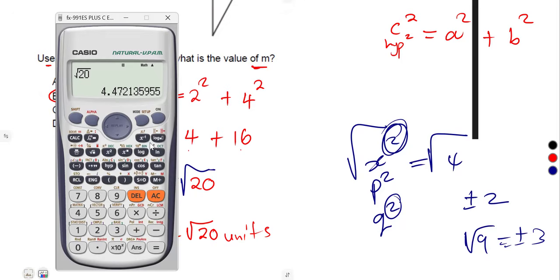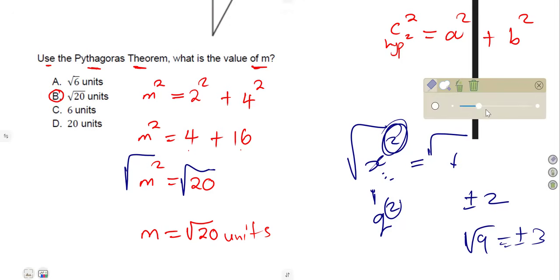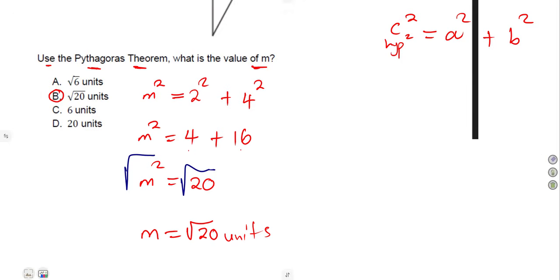They just gave us the exact simplest format that we can have for our level. Sometimes it depends on the question. This is multiple choice. Remember, you have to look into the answers, how they are given also. So the best answer there was B, the square root of 20.